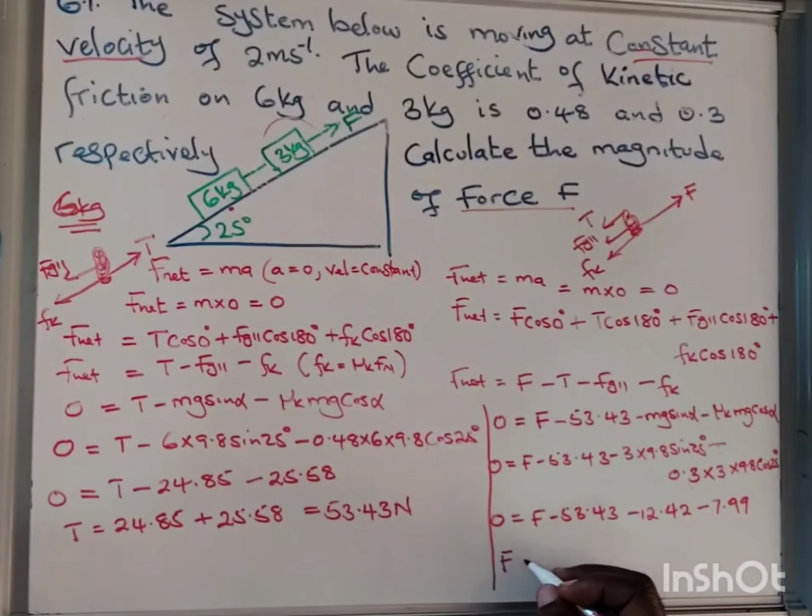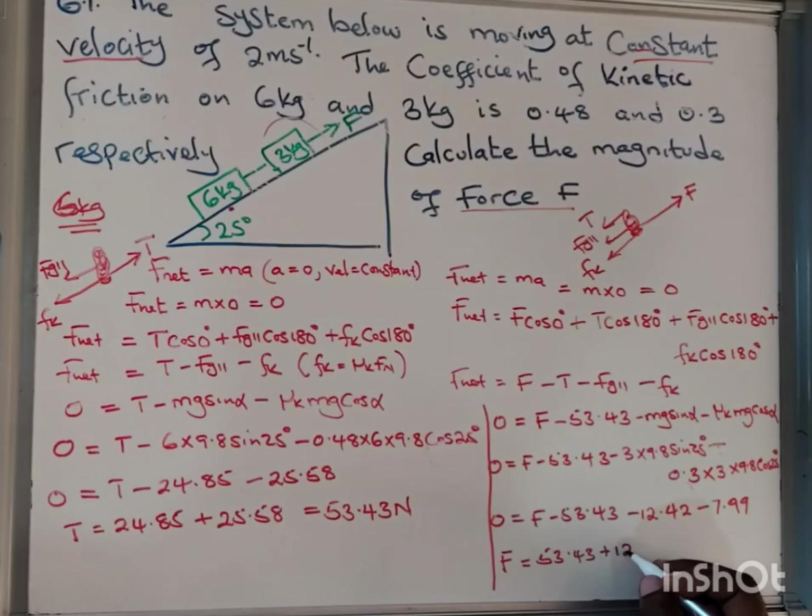F is going to be equal to 53.43 plus 12.42 plus 7.99. What you get is the applied force.